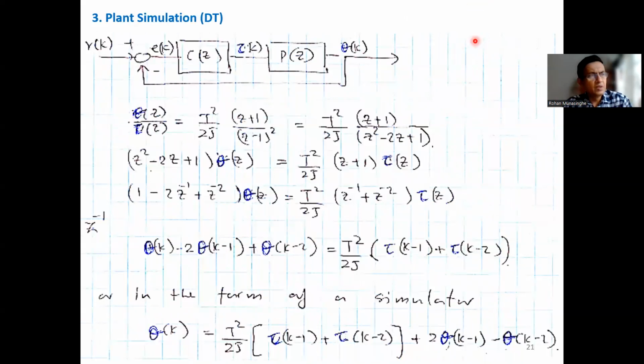Third step, let's do plant simulation, and in discrete time. So you have the controller and the plant.